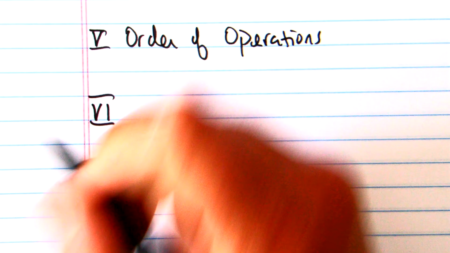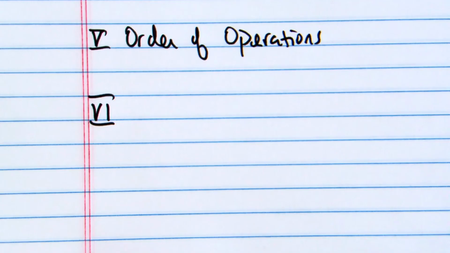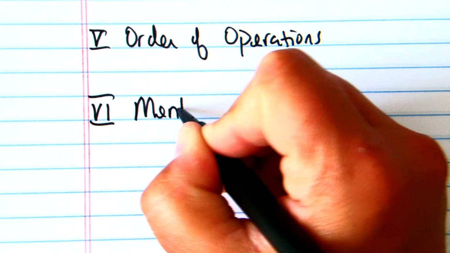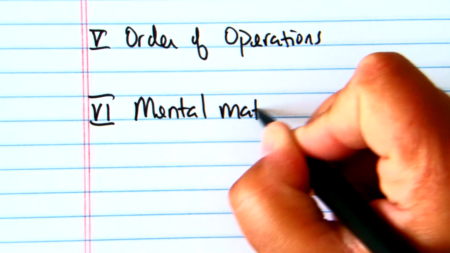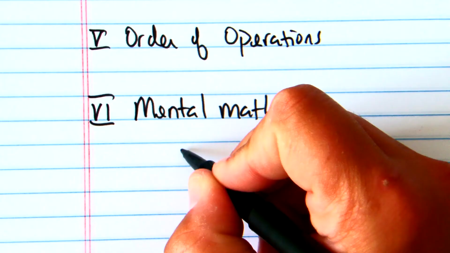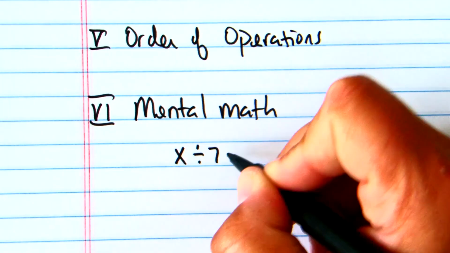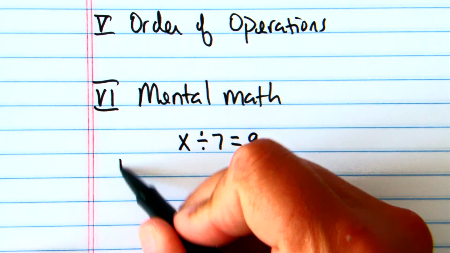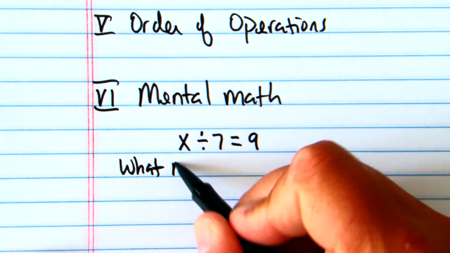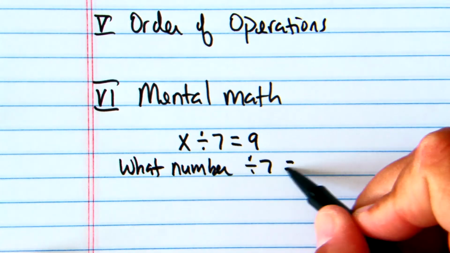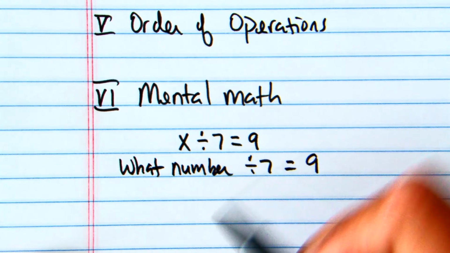Section 6, we're almost to the end, says solve the equation using mental math. So mental math is what comes into play there. For instance, if I give you something like x divided by 7 equals 9, the way we want to read that is: what number divided by 7 equals 9?